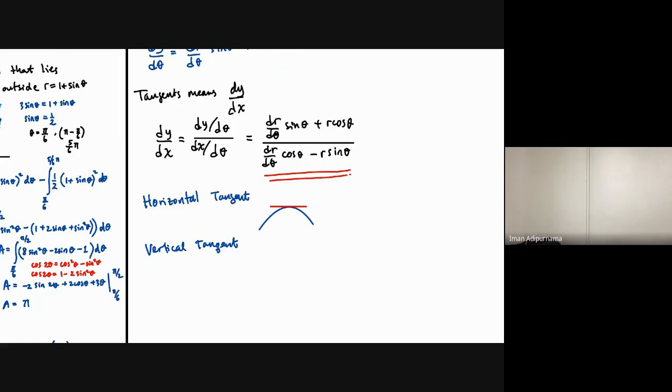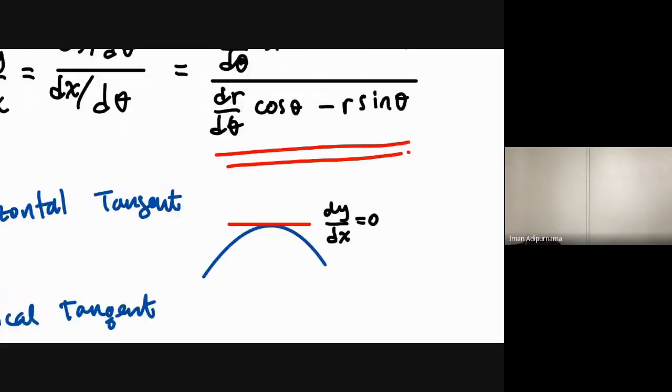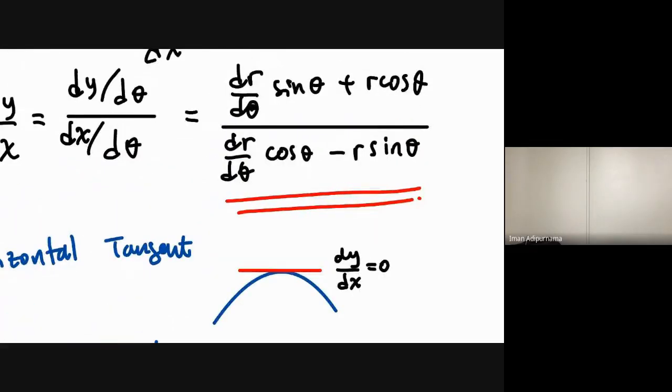Meaning the gradient is 0, right? Let me write here dy over dx is 0, which means dy over d theta will be 0, and dx over d theta is not 0 to get the 0.